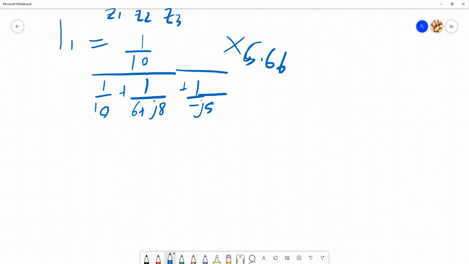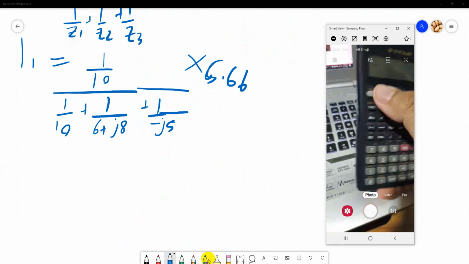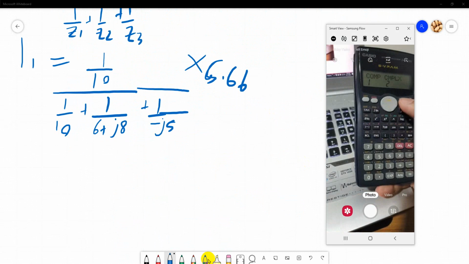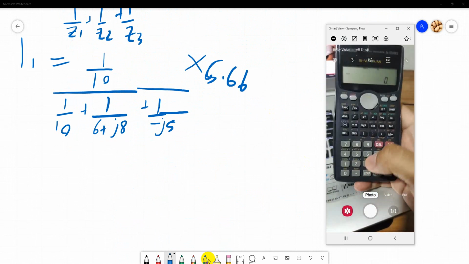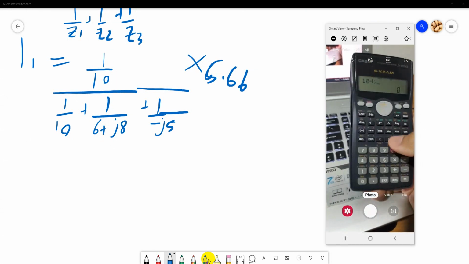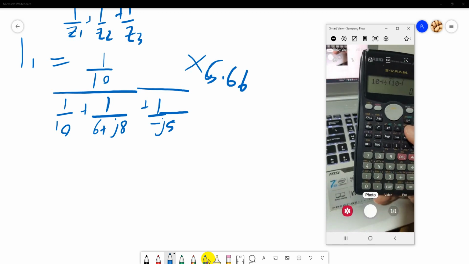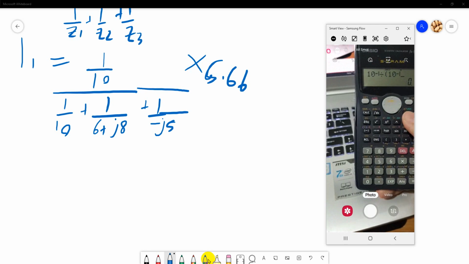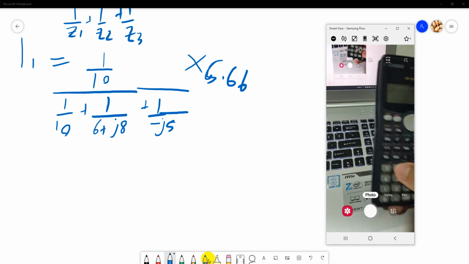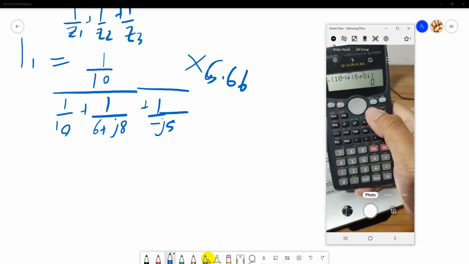So how to enter this into your calculator? If you use this calculator, don't forget to shift clear all first. Then mode complex. Then enter 10, divide by, don't forget the open bracket, 10, reciprocal, plus, open bracket again, 6 plus 8j, close bracket, then reciprocal.